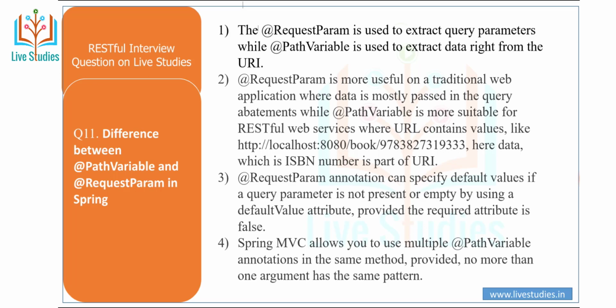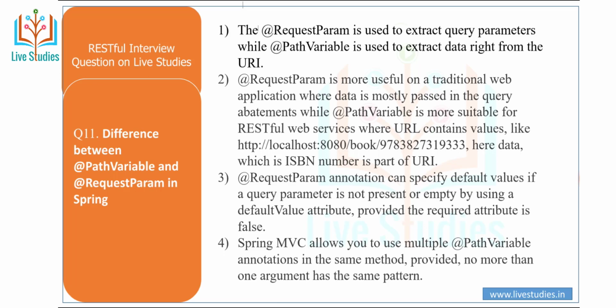The @RequestParam is used to abstract query parameters, while @PathVariable is used to abstract data right from the URI. @RequestParam is more useful in a traditional web application where data is mostly passed in the query string, while @PathVariable is more suitable for a RESTful web service where the URL contains a value like http://localhost, and you can pass it like this. Here the data, which is the ISBN number, is a part of the URI.